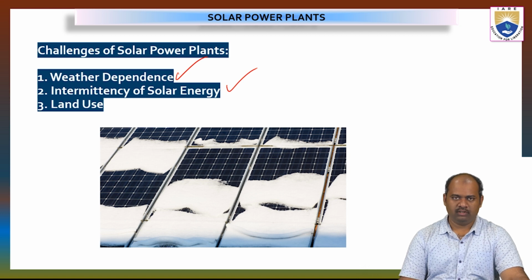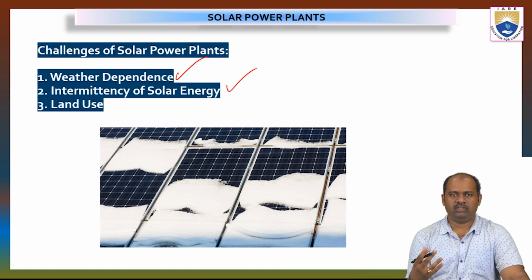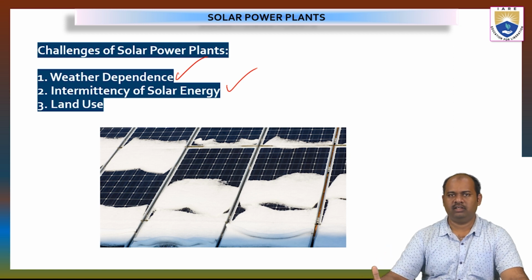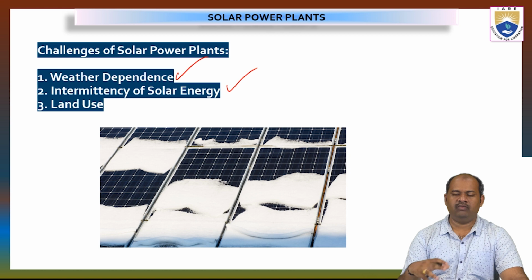Because what happens when I install a solar power plant at a place where the solar radiation is very low compared to other places? In deserts, the solar radiation is very high compared to an area where there is a large forest.